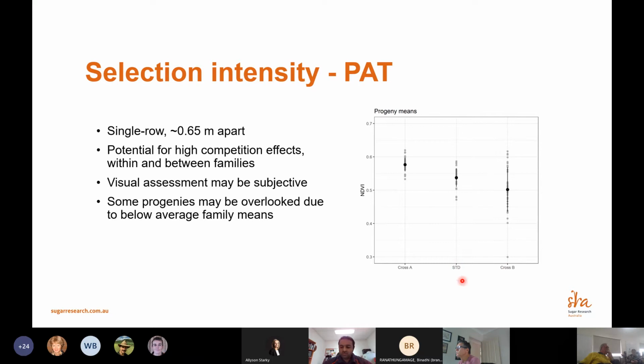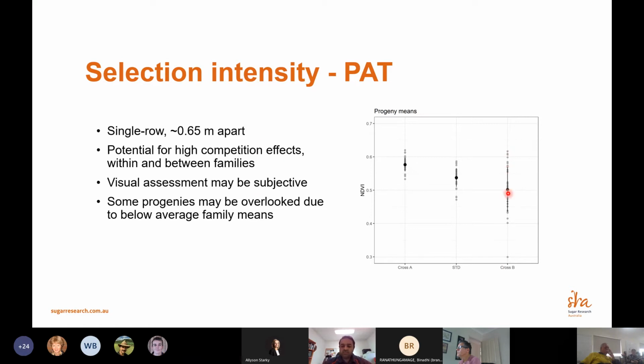But if you actually look at the progenies from cross B, some of them performed better than the standards, and even better than maybe a proven cross. So there is potential for overlooking some of these progenies when we just go by family means.